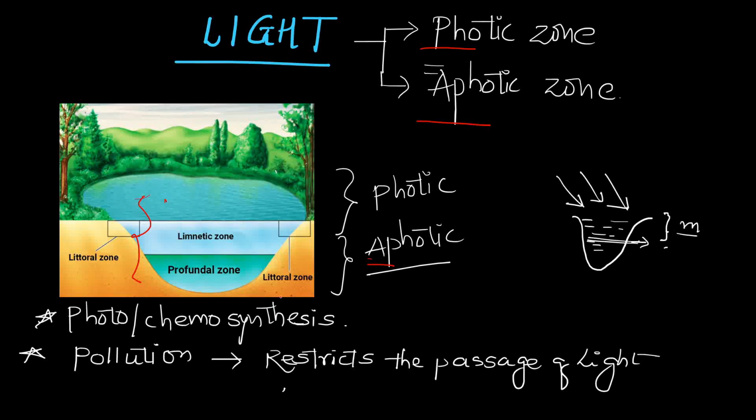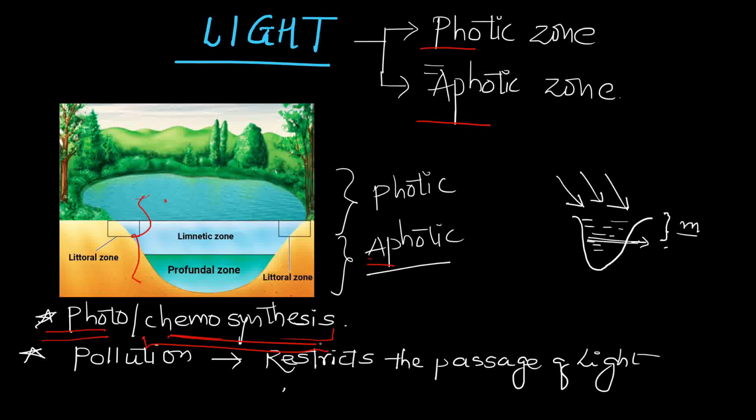If you have seen my previous video where I talked about biotic components, there I explained photosynthesis and chemosynthesis. Wherever there is a photic zone, that means light is able to penetrate, there photosynthesis is possible. And wherever the light cannot penetrate, there chemosynthesis is done.